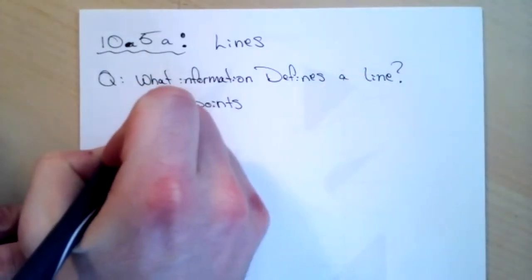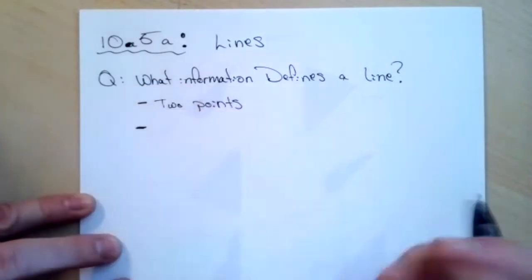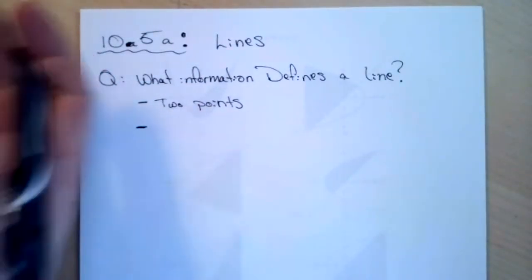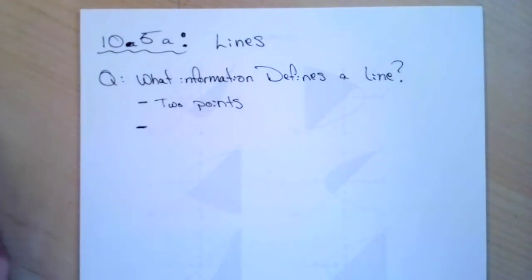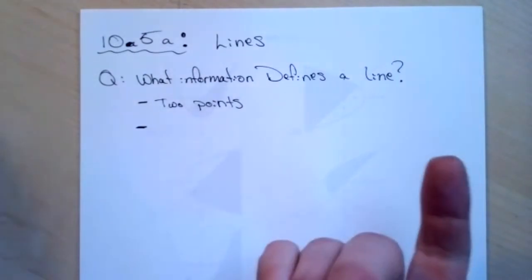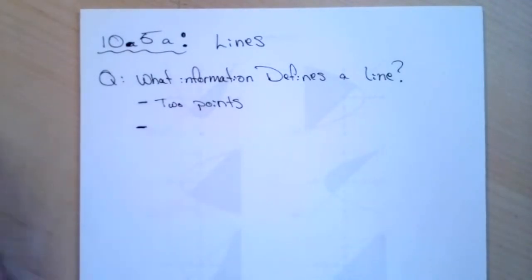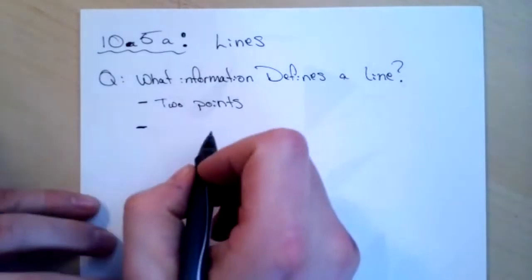If you think about it in terms of pre-calc, how do we define a line, or what information defines a line? What types of equations do we have in Calc 1? We have point slope form, and we have slope intercept form. So what are the types of information that those equations give us?